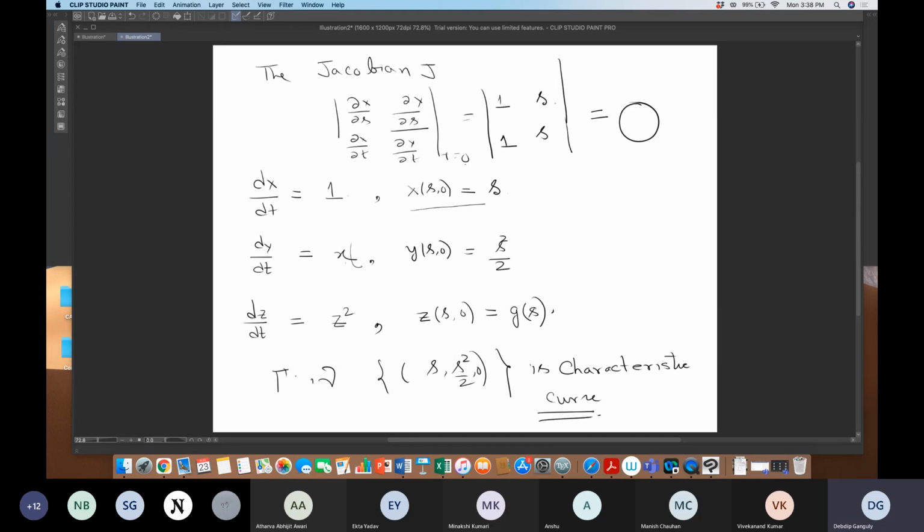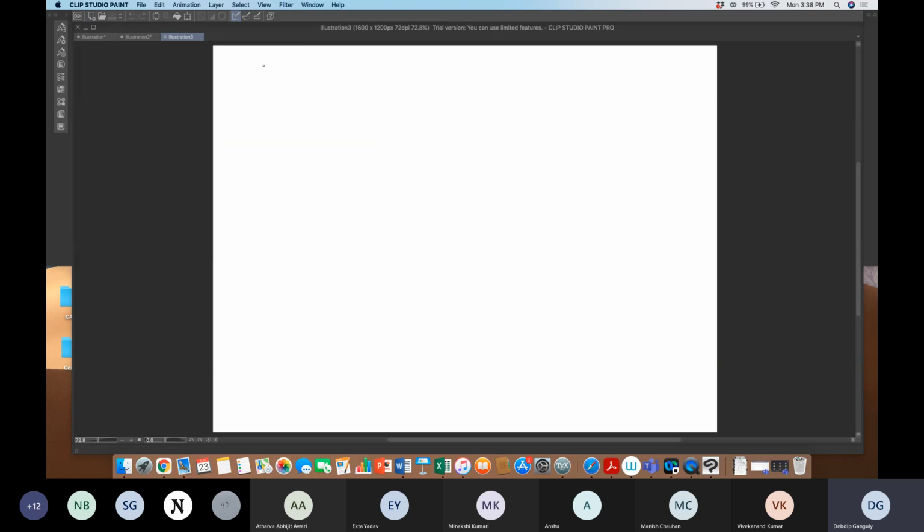So we cannot directly apply the method, right? You remember? Okay. So we consider a modified problem, and we solve it. What is that modified problem?